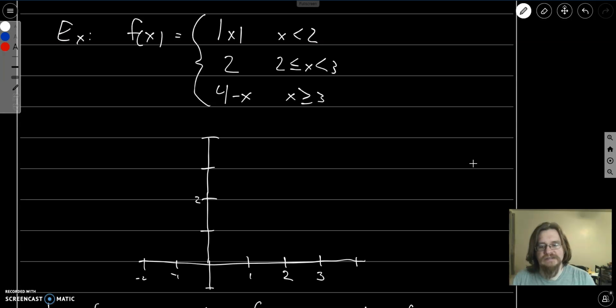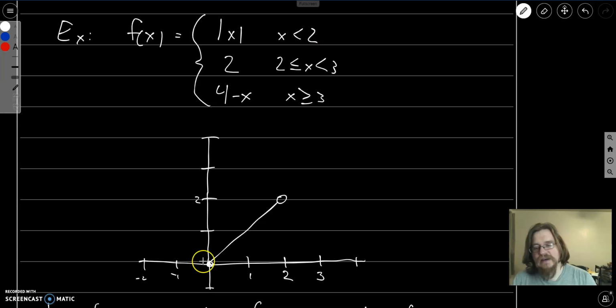So for x less than 2, so everything from 2 to the left, we're going to have the absolute value of x. Between 0 and 2, we're just going to have a nice straight line. This is because the absolute value of a positive number is just itself, and this is just the line y equals x.